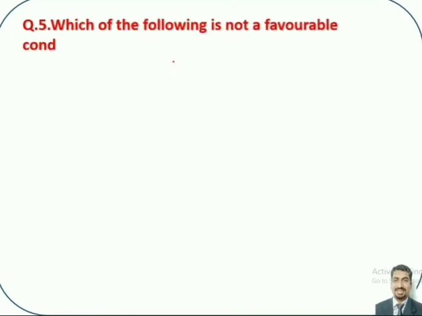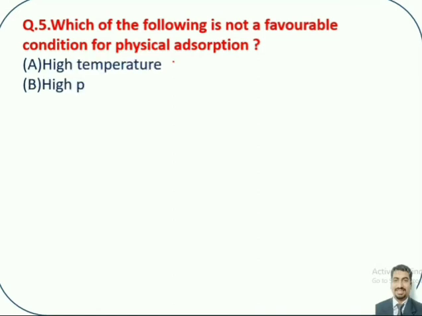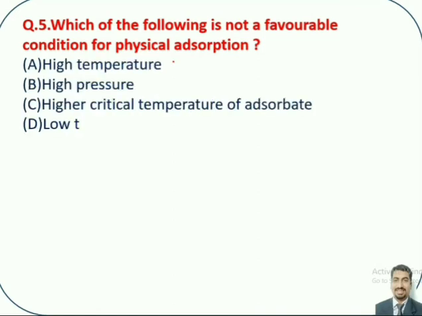Question number 5. Which of the following is not a favorable condition for physical adsorption? High temperature, high pressure, high critical temperature of adsorbate, low temperature. So definitely high temperature is not a favorable condition. At high temperature, desorption starts, right? They asked not favorable, so this is the answer.